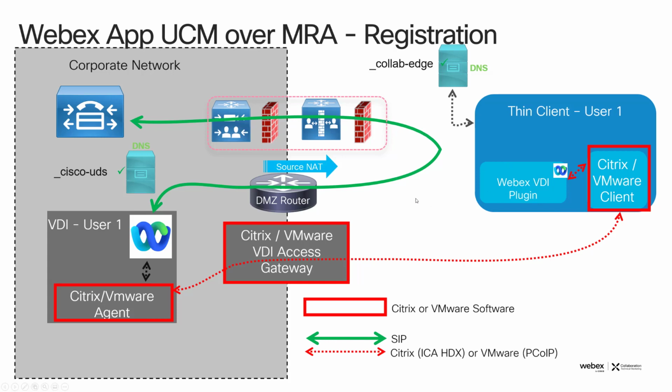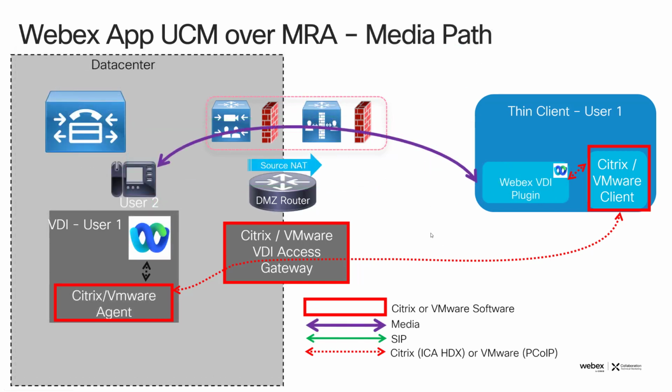So once the other party answers the call, it's the Webex VDI plugin that will handle media termination. So all audio and video will be sent and received by the Webex VDI plugin. So in the case where the other party is on the corporate network, Webex VDI plugin will route media through Expressway E and C to the other party.